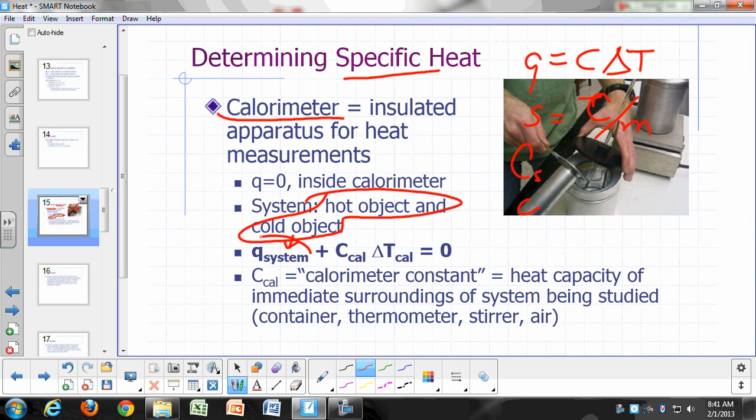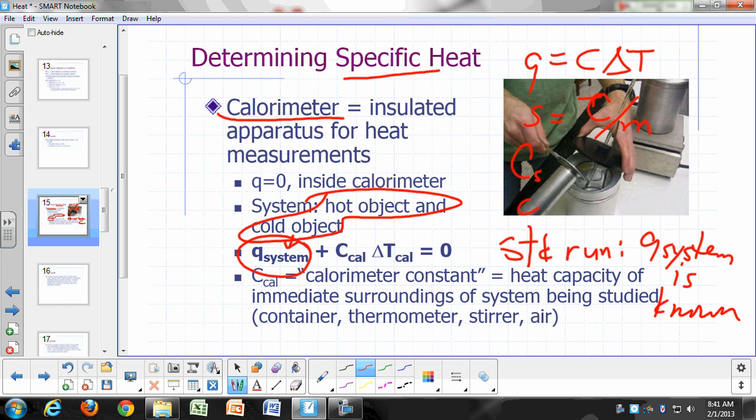So you will know Q system. When you do a standard run, Q system is known. Okay? It can be easily calculated from the measured delta T. Delta T cal can be measured, so in a standard run, your purpose is to determine the calorimeter constant.